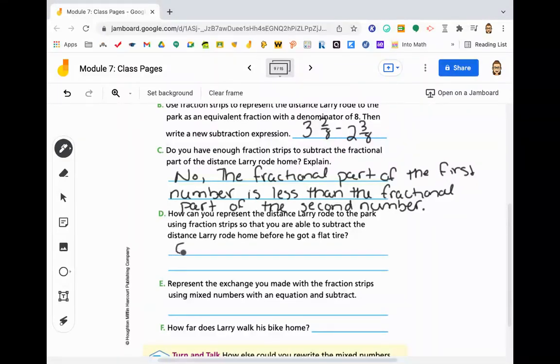So we could exchange 1 whole for 8 1/8 fraction strips.